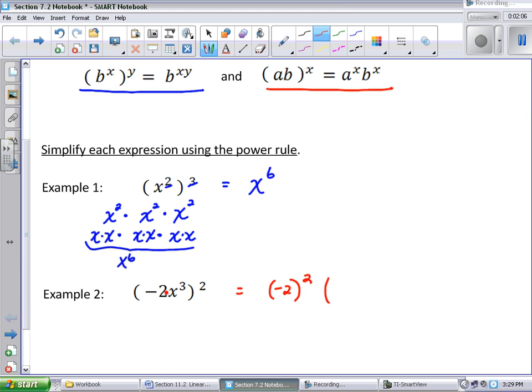And I take the second part, which is x cubed, and square it. -2 squared. -2 times -2 is +4. And x cubed squared, power to a power, we're going to multiply and get x to the 6th power. So -2x cubed, quantity squared, becomes 4x to the 6th power.